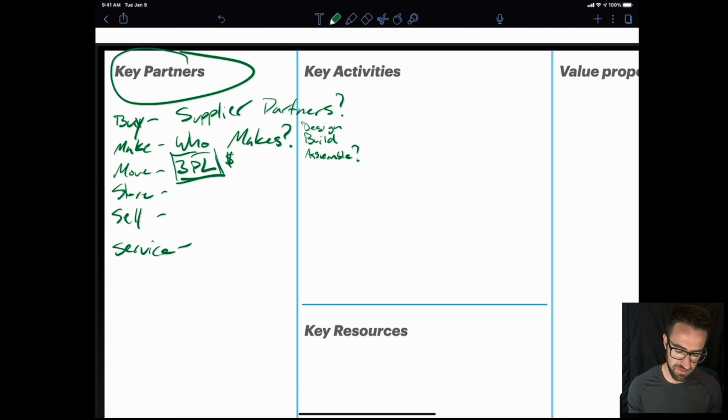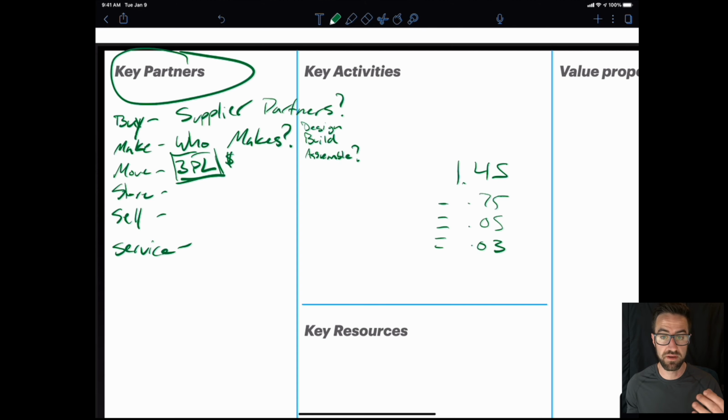Similar to that fidget spinner thing where we had $1.45, and then we had all these costs below it, like, oh, the aluminum was 75 cents, or the paint was 5 cents, and the sticker was 3 cents. Well, maybe, but you didn't have access to any of this stuff. You only had access to this. And so the principle goes, if you have access to it, maybe you could actually reduce that to 25 cents for the aluminum.